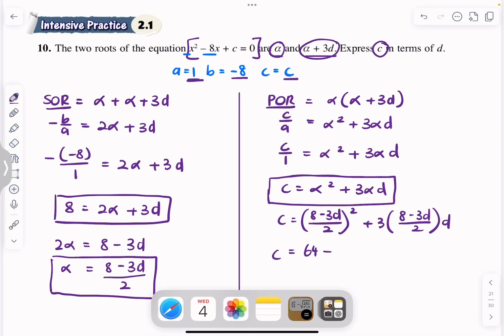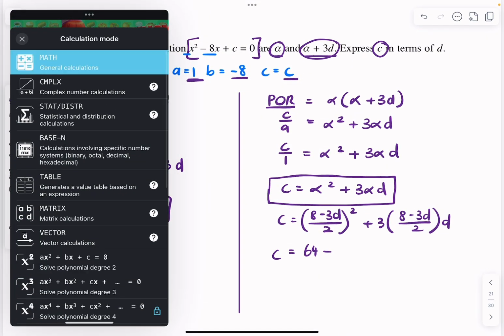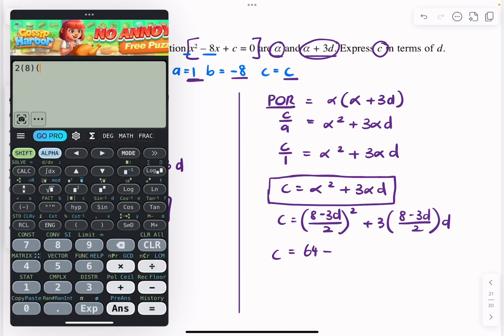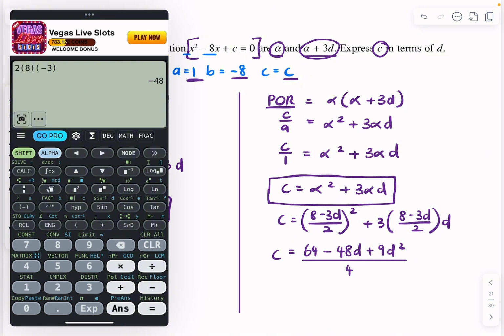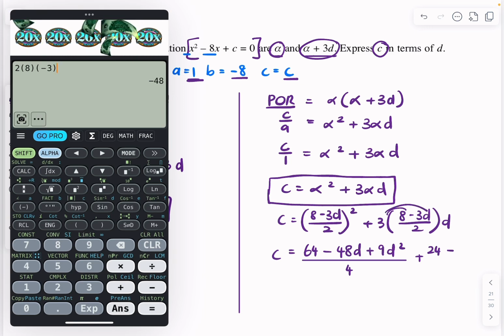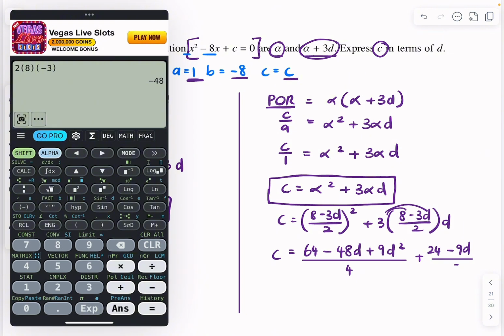So we can use our calculator here. 2 times 8 times negative 3 is negative 48d, plus 9d square, over 4. And then here also we expand. 3 times 8 is 24 minus 9d over 2. And this whole thing is times d as well.